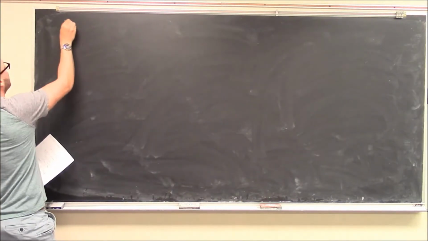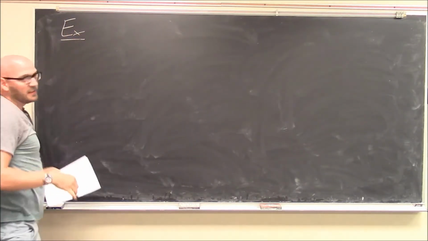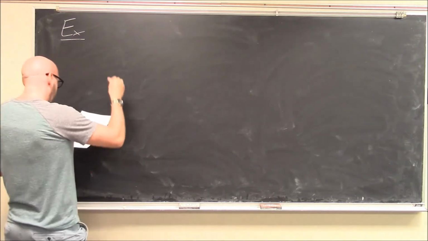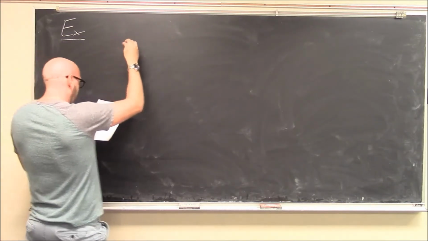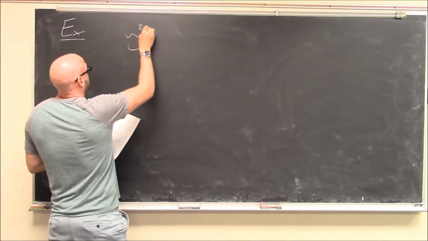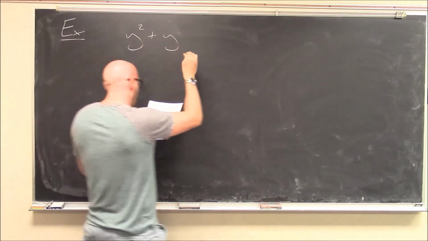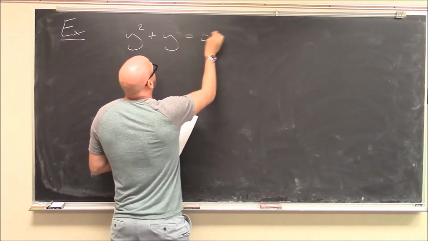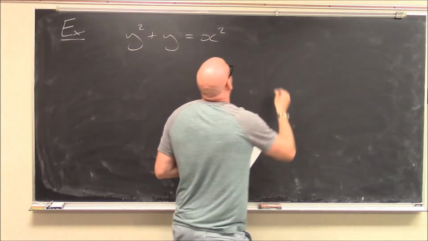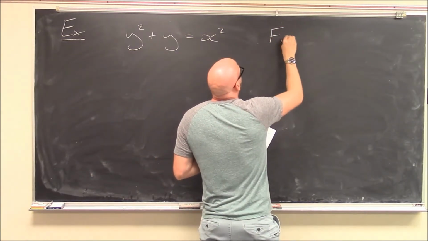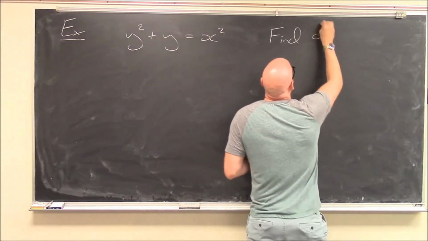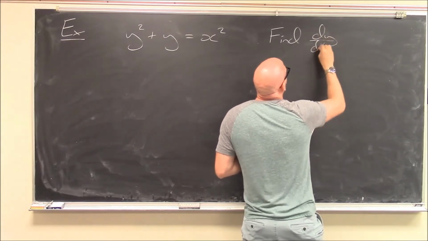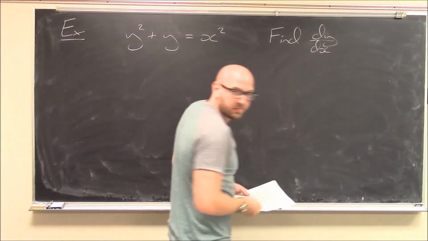As always, we'll start off easy and then ramp up the difficulty as we go along. So for example, y squared plus y equals x squared. The question is, find the derivative of y with respect to x. Find dy over dx.